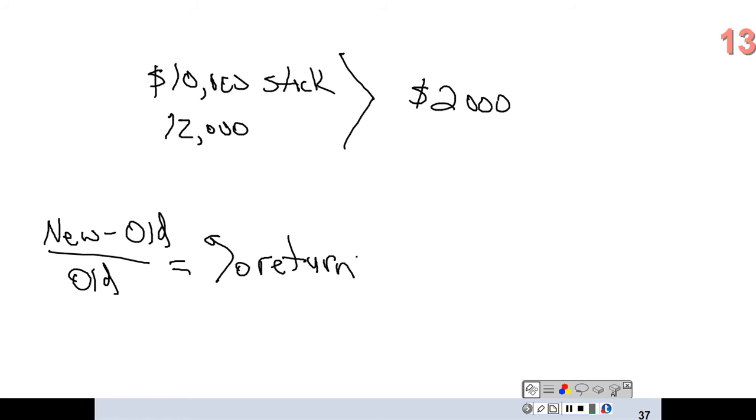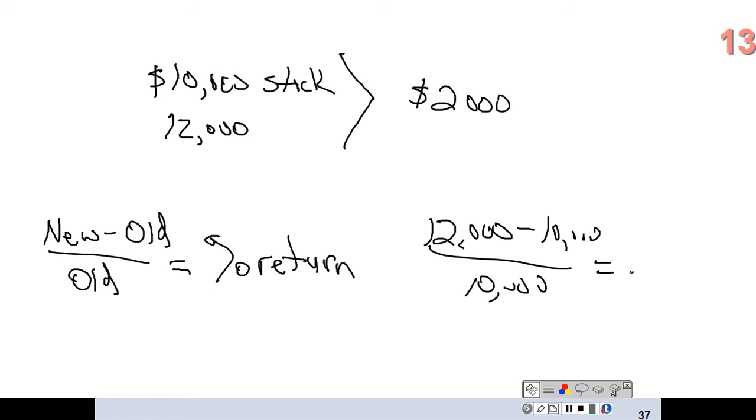In this case, we can calculate a percentage gain. If we take the new price, which is $12,000, minus the old price of $10,000, divided by the old price of $10,000, that equals 0.20 or a positive 20% return, which is really good. That's a fantastic return for a 1 year investment. So you're pretty happy.